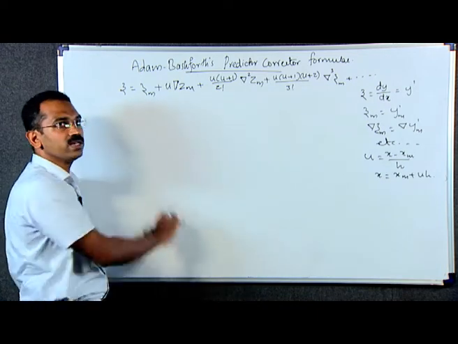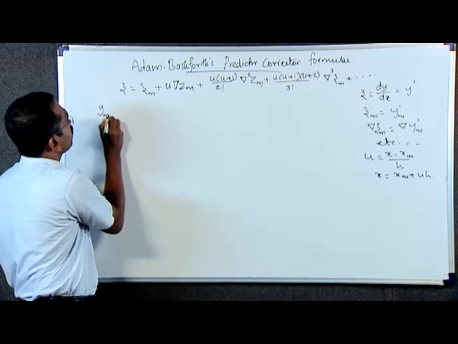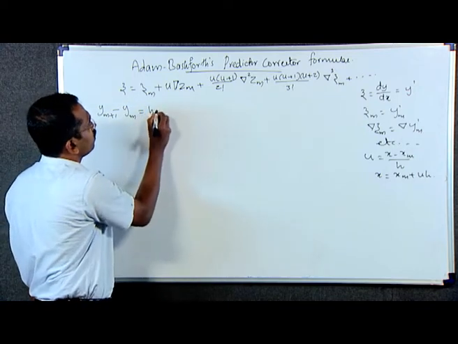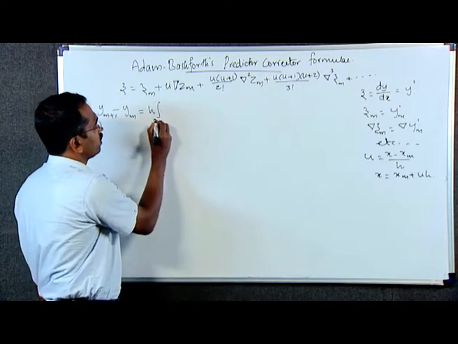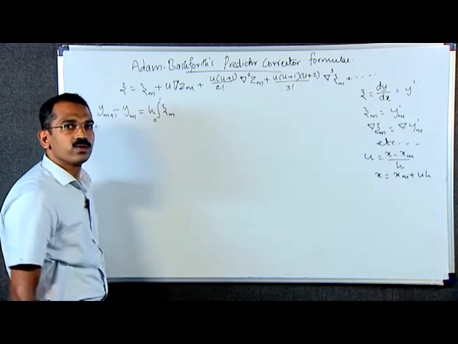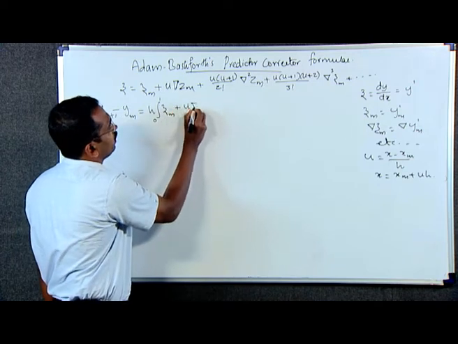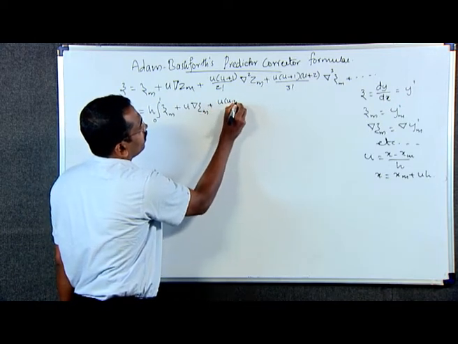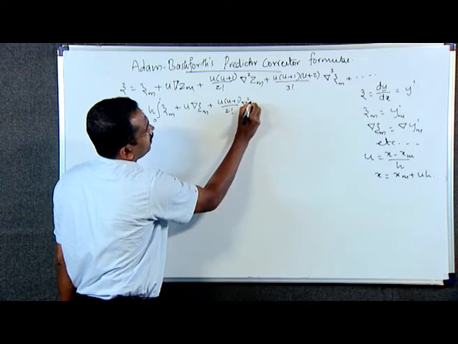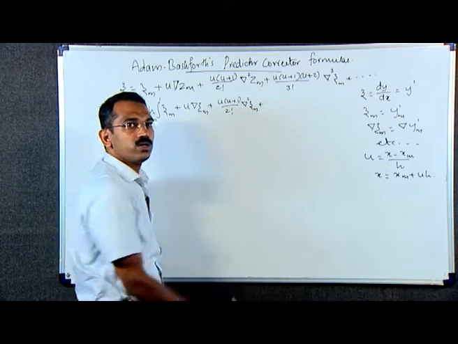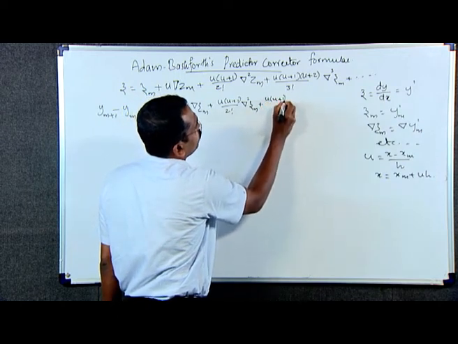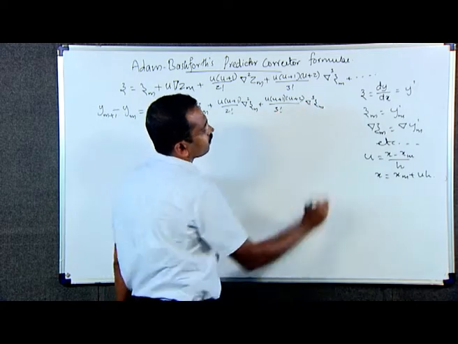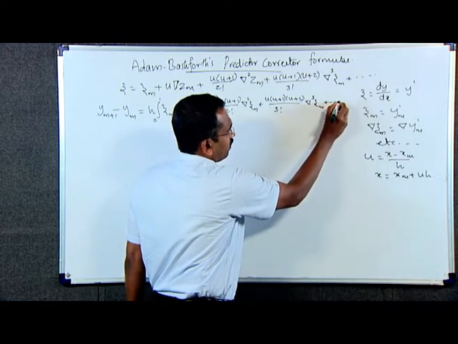We can write the left hand side as ym plus 1 minus ym, which is equal to h into integral from 0 to 1 of Zm plus u into del Zm plus u into u plus 1 divided by 2 factorial into del square Zm plus u into u plus 1 into u plus 2 divided by 3 factorial into del cube Zm plus etc. du.